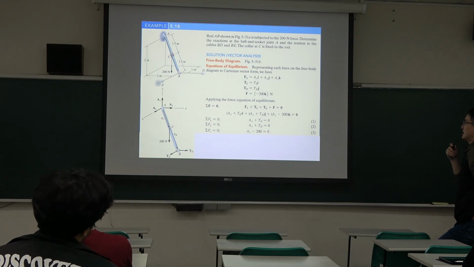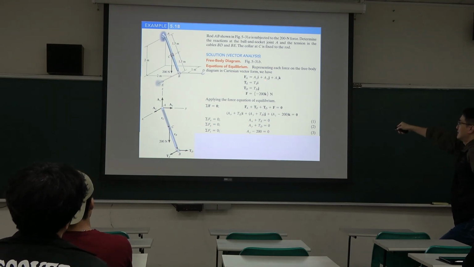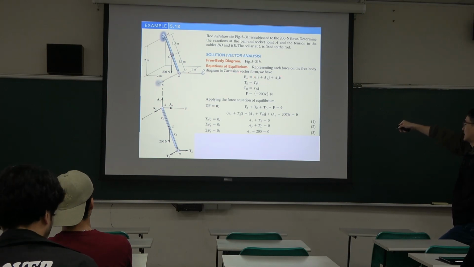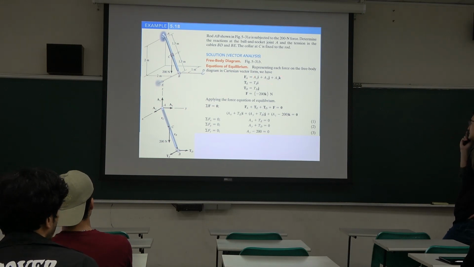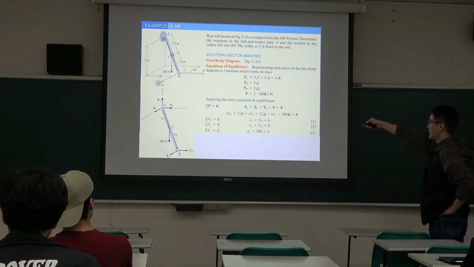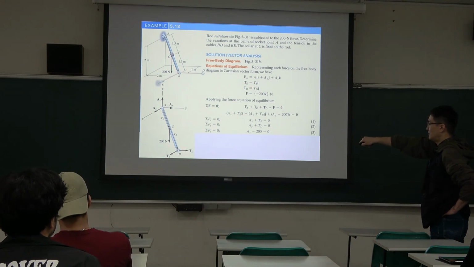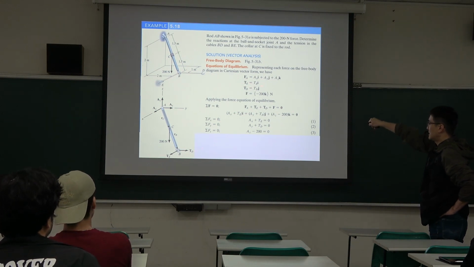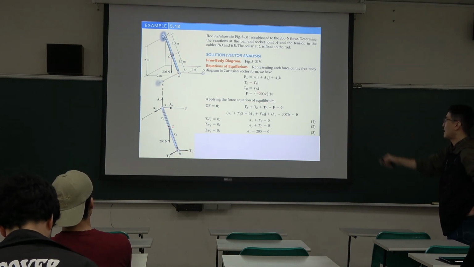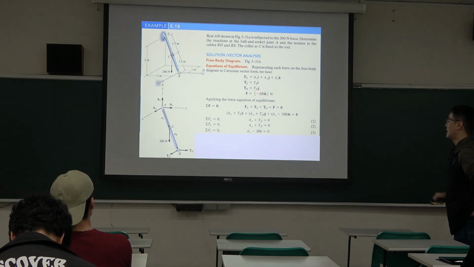Then for force A, the reaction at A, we can use this way to represent the condition. And BE we can represent using this. BD is this one, and the applied force of 200 is downward, so negative 200.